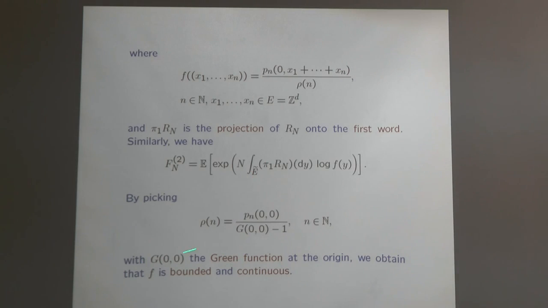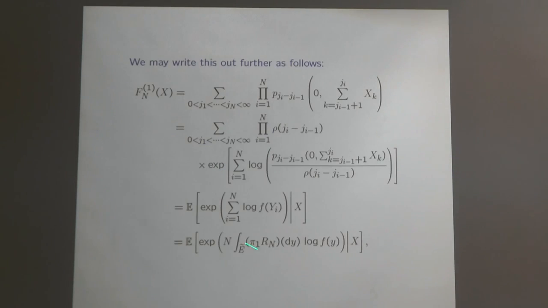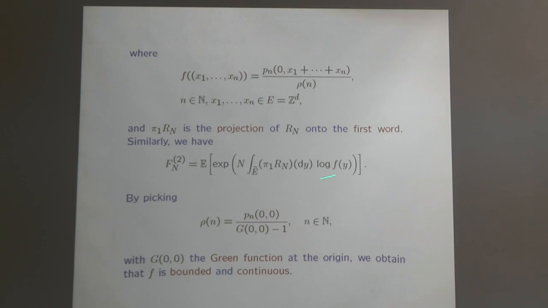So this function f is bounded and continuous. That's good news because this quantity here and this quantity here is begging for the use of Varadhan's lemma, because I have an LDP for this one and I have an LDP for the other one, and I'm having a bounded function, so that's good news. So we can go ahead.